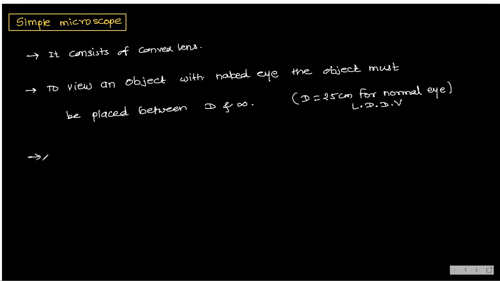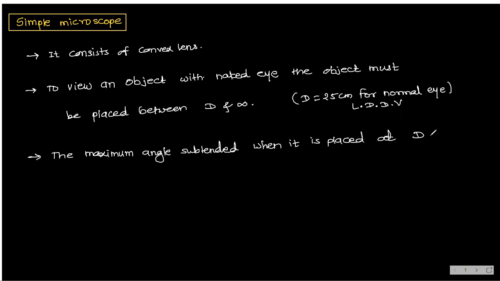Next point, the maximum angle subtended when it is placed at the least distance of distinct vision.